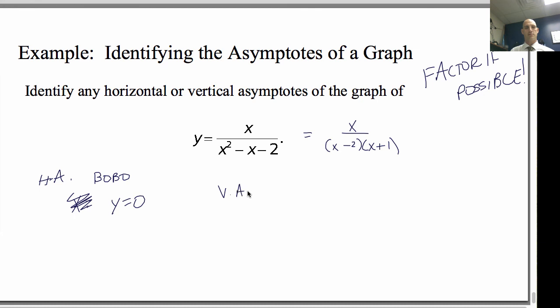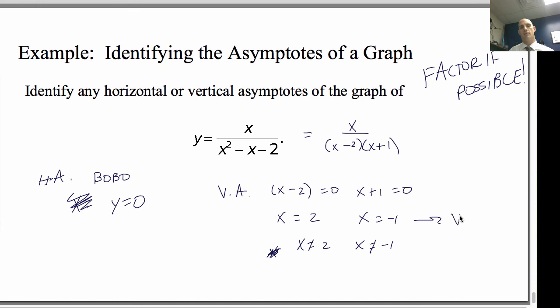And for my vertical asymptotes, x minus 2 is 0, x plus 1 is 0, so x is equal to 2, and x is equal to -1 make it 0. So x can't be equal to 2, x can't be equal to -1. Those are my vertical asymptotes. Okay? That's the deal, guys.